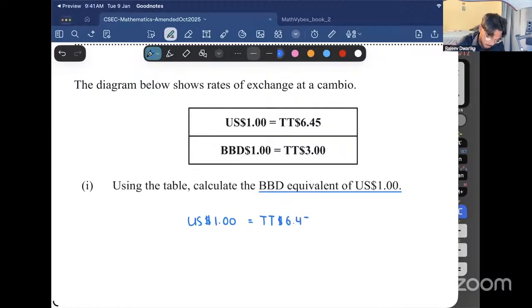Alright. And they want me to find how much BBD is equivalent to $1. Now, they gave us BBD in terms of Trinidad dollars. So 1 BBD is equal to $3 TT.